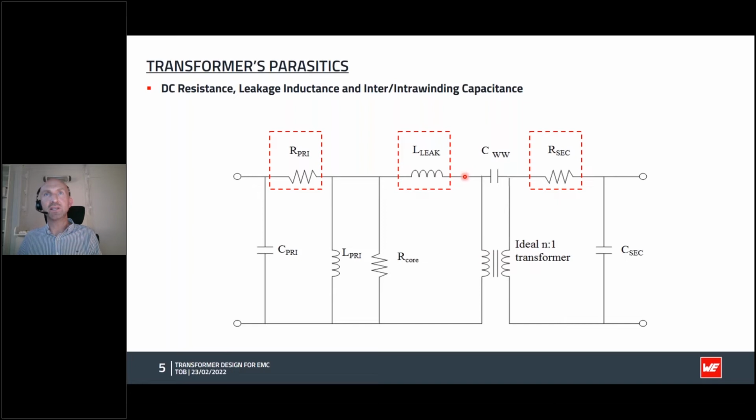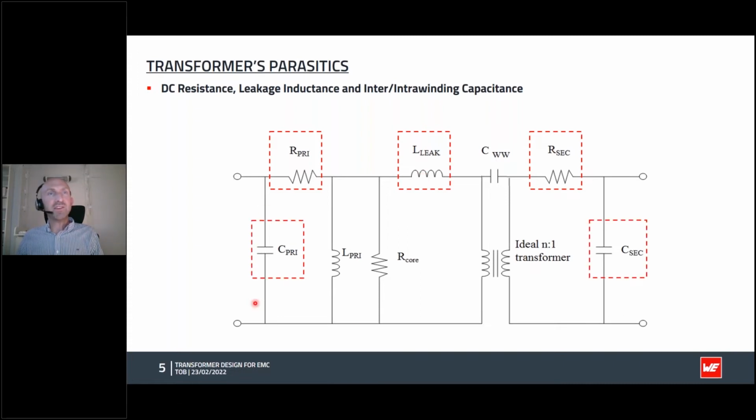In a flyback we have a higher spike caused by this leakage inductance, and we need to add a snubber circuit to reduce that so we don't damage our MOSFET. But also the ringing following on from the leakage can cause some issues with conducted and even radiated emissions if the ringing frequency is high enough. So we need to be aware that leakage is there, and we need to have measures to deal with it.